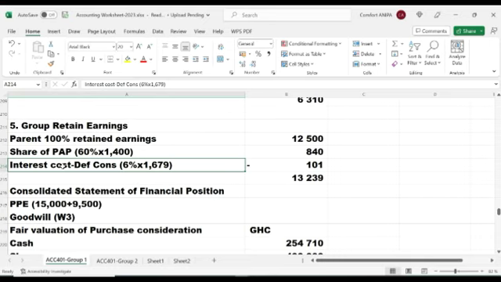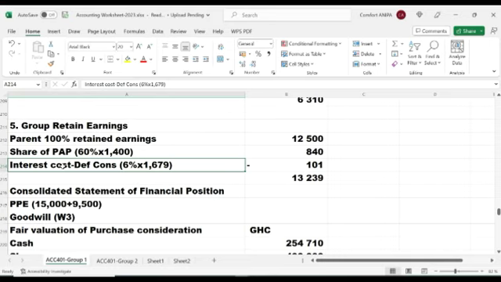It's not the same rule for profit or loss, so I don't want you to mix it up. I'm talking about statement of financial position. If you are consolidating for 2 years, you calculate for 2 years. If you are consolidating for 1 year, you calculate for 1 year. So here, this consolidation is for 1 year, 2006 to 2007.